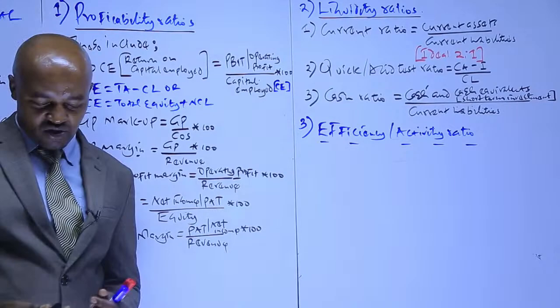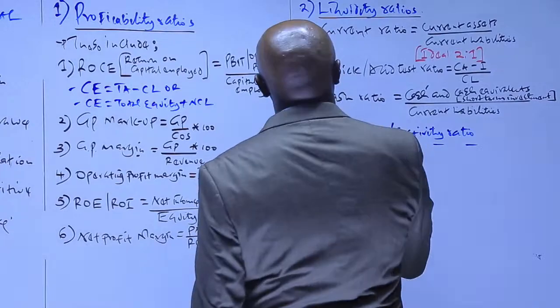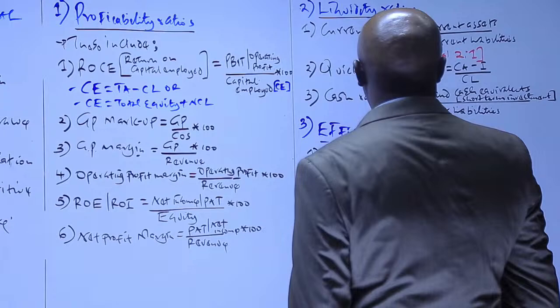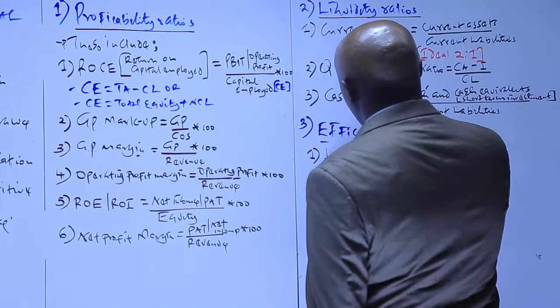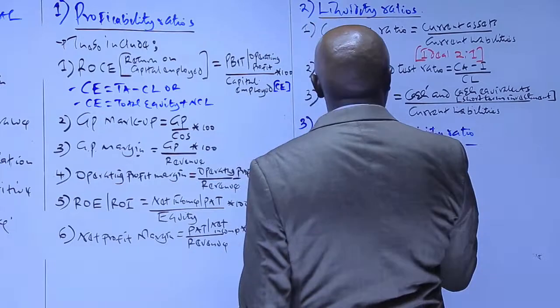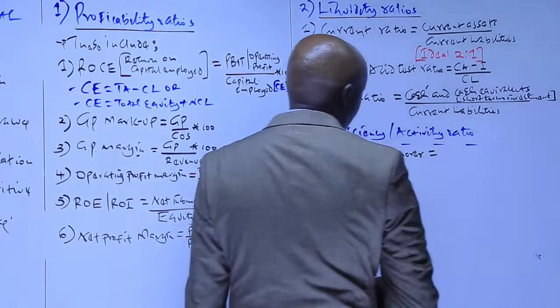So in this case, we have a number of efficiency, or activity, ratios, which include the inventory turnover ratio. This one is computed by taking the cost of sales.